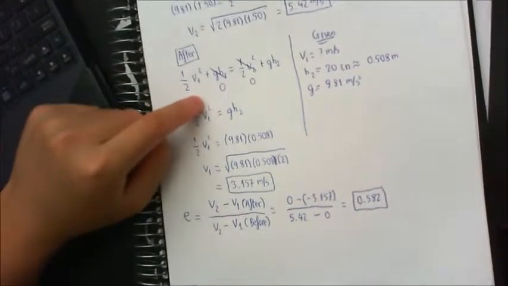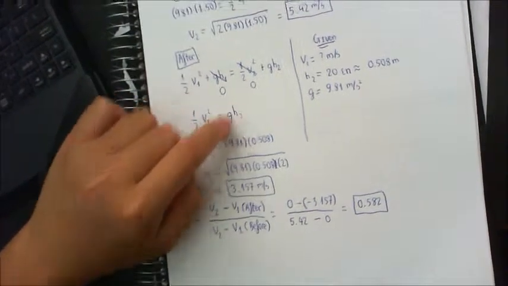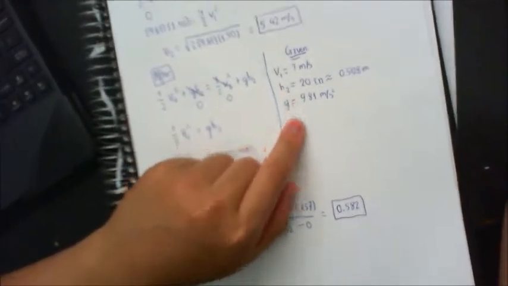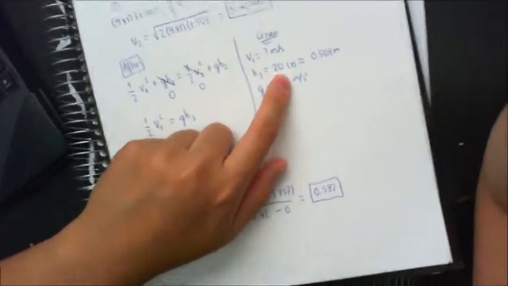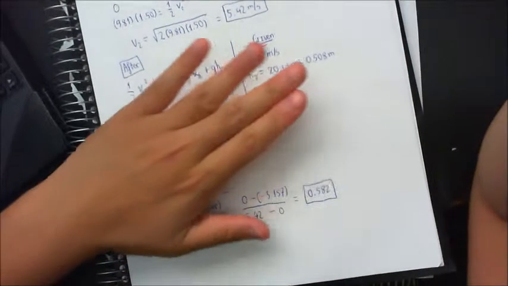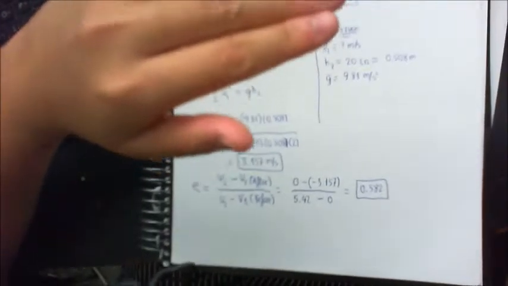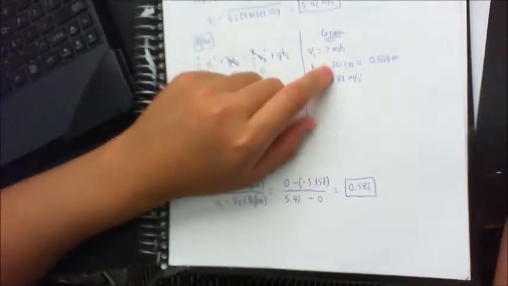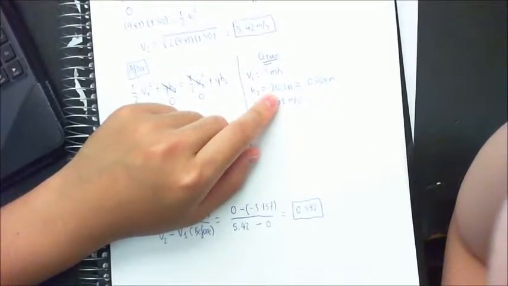I use the same conservation of energy equation, and I use the data that I got: h2 equals 20 inches, which is the maximum height the ball reaches moving up from the ground. This is for the first bounce, not for the second bounce. Okay, the camera is kind of blurry. That is equivalent to 0.508 meters.